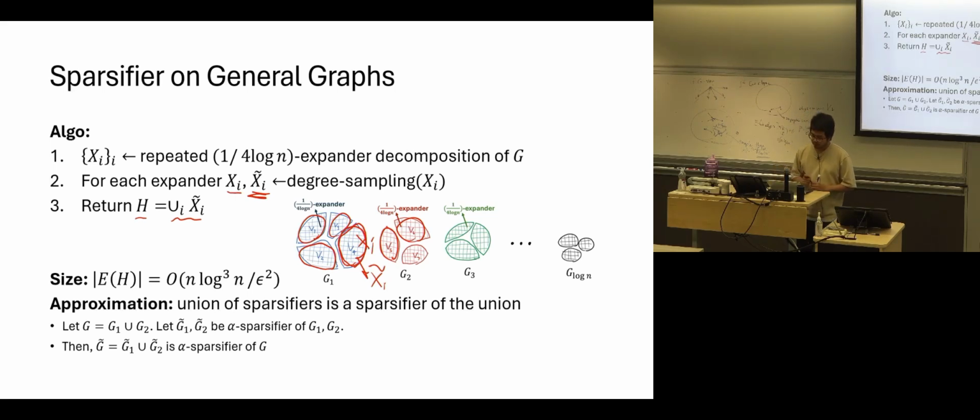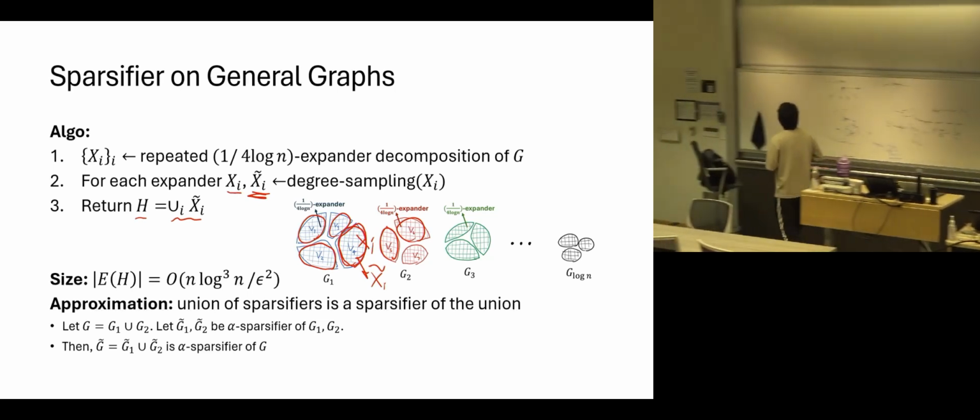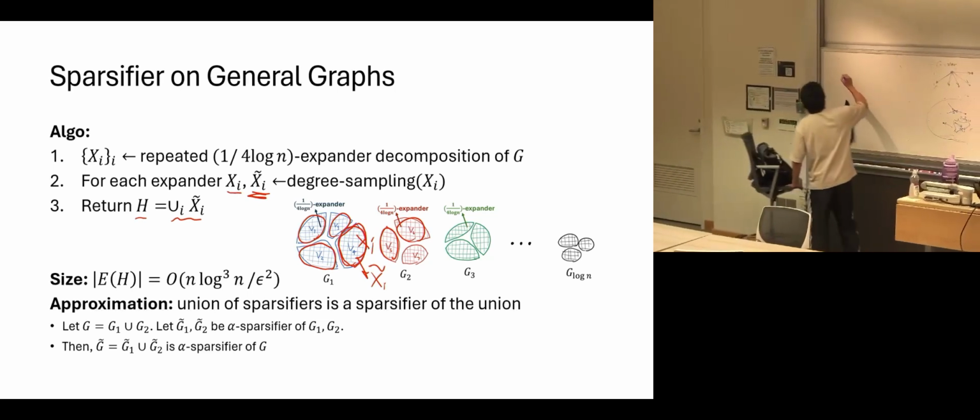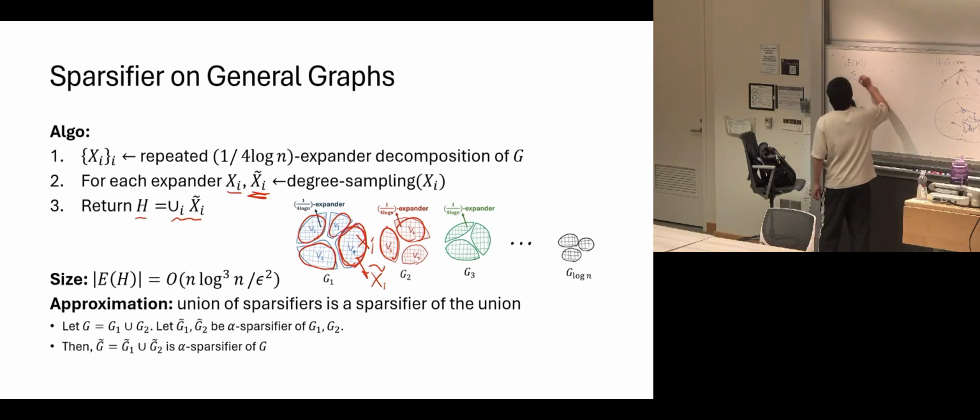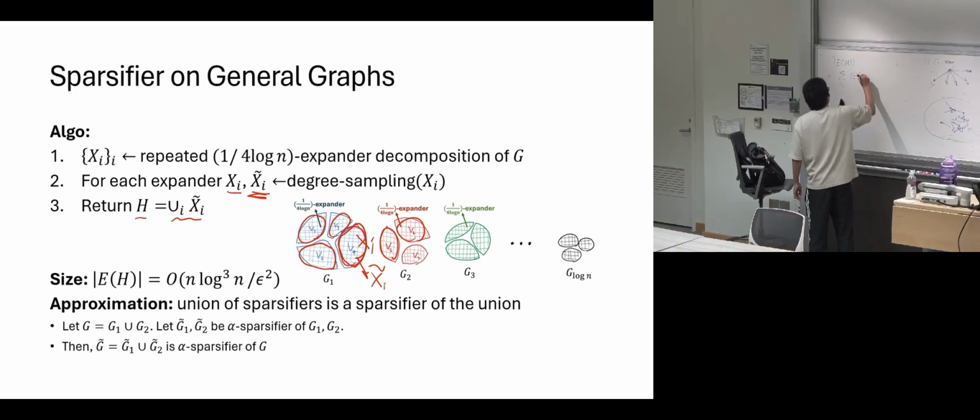Okay. All right. So let's analyze the size. Well, what's the size of H? The size of H is just the sum over all Xi of the number of edges in Xi tilde.